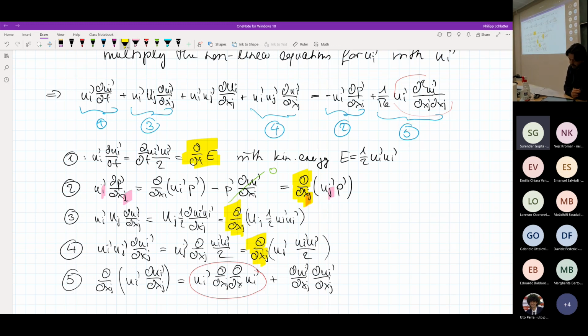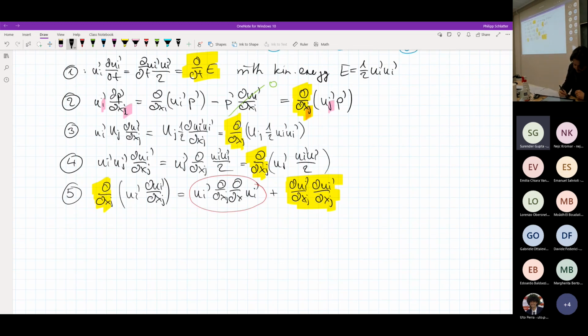And the fifth term, we could write as something with a ddxj outside and something else which looks a little bit different, but it actually looks interesting because it's a square of something. It's the same term multiplied twice, which of course is important because that tells us that this term needs to be larger than 0. It's a square. So that means we have done some operations that may actually simplify what we get in the end.